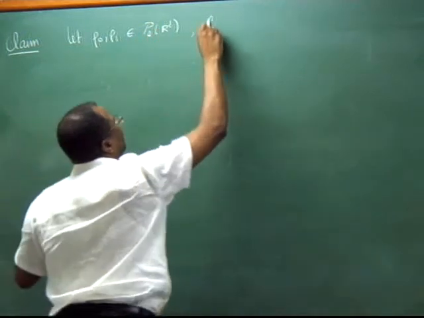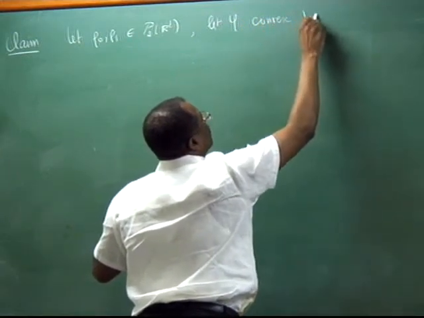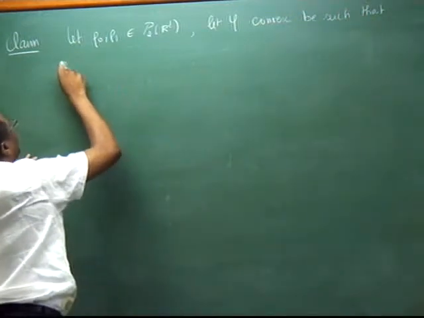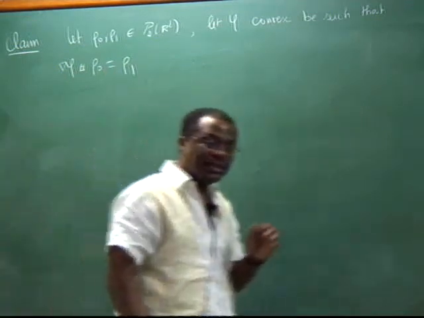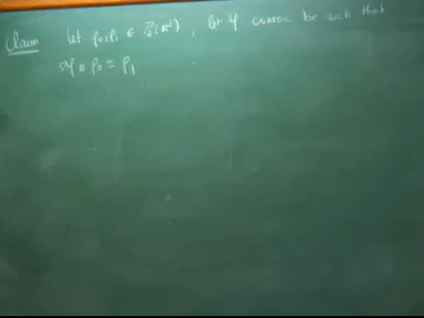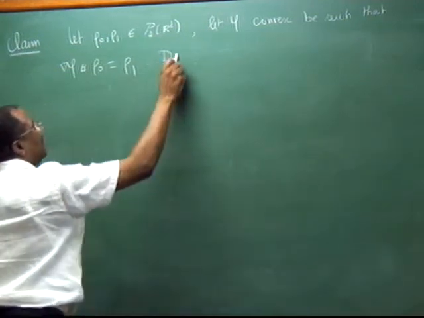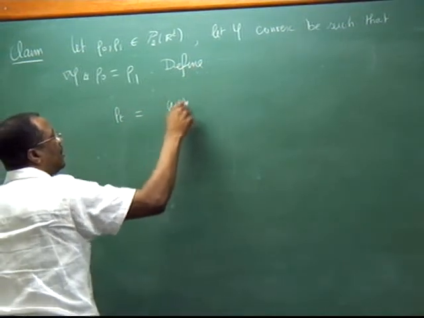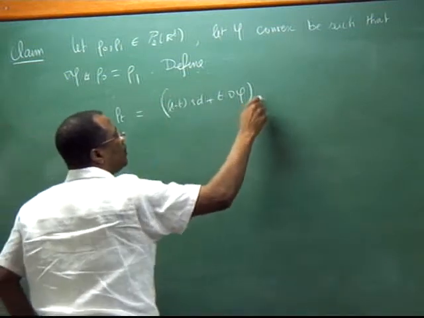And let phi convex be such that the gradient of phi pushes rho naught forward to rho 1. Okay, we know that such a phi exists, and it is the unique minimizer in the Monge problem. And define rho t to be 1 minus t identity plus t gradient of phi push forward rho naught.